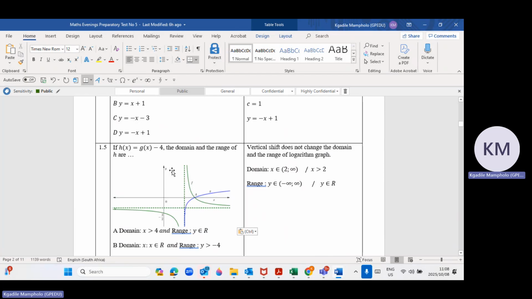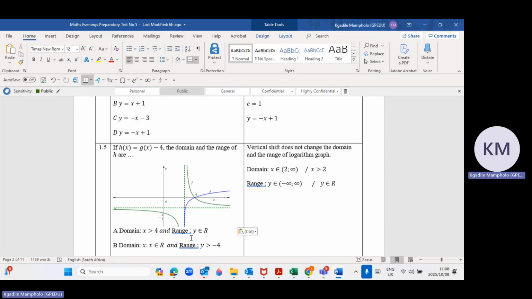Shifting the graph 4 units downwards does not have any impact on the domain because the vertical asymptote stays the same. Therefore, the domain will just be x is greater than 2 because the graph is on the right of the asymptote. The asymptote will still be x equals 2.